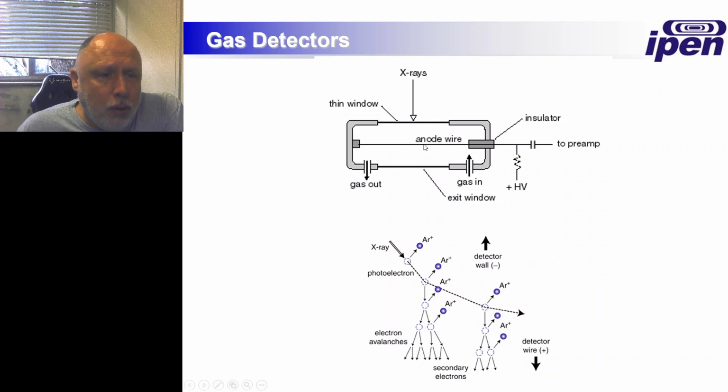And if you think about it, if we start to increase this potential here, you start to accelerate these electrons and these ions. And if these electrons get enough energy, they will start to be able to do secondary ionization. So if you had one electron and you accelerate it enough, it will be able to do a secondary ionization.